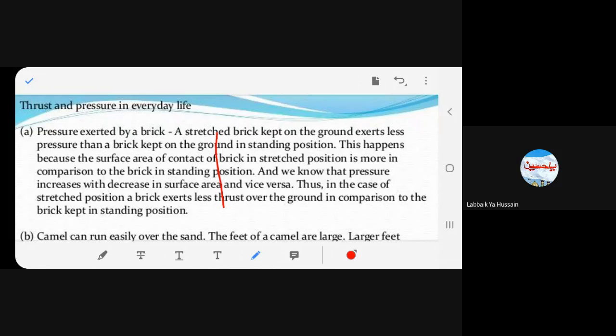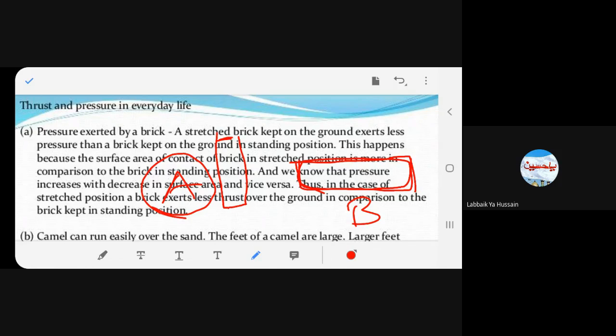So we had already seen this is the brick in the standing position and this is the brick in stretched position. Remember? Where will you find more pressure? Here, obviously. A and B. Where will you find more pressure? Obviously, A, because it is in the standing position.